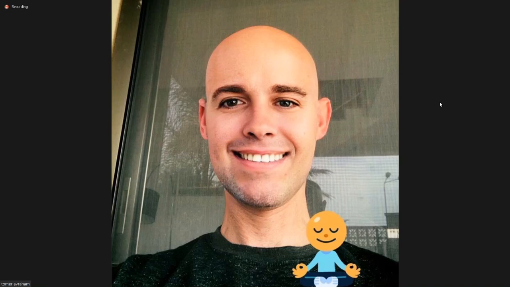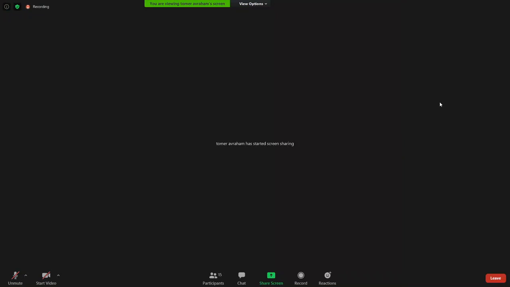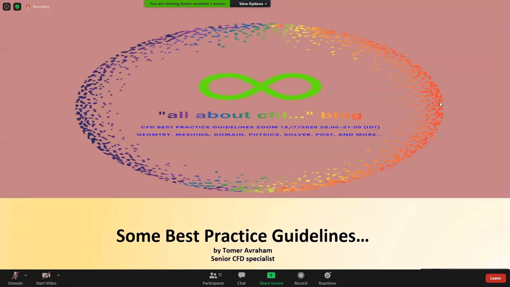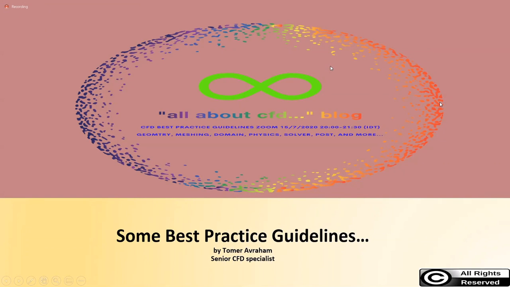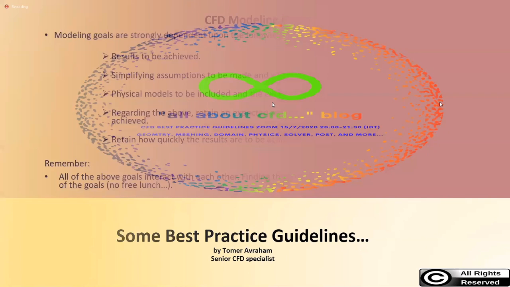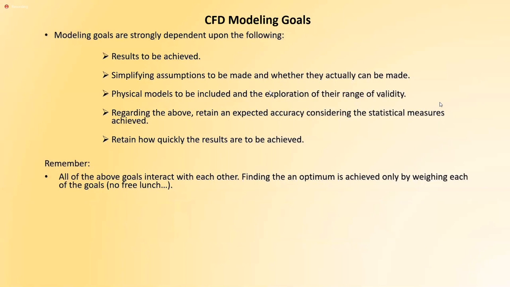Share screen. Okay, screen is back, right? So I'm not muted. Screen is back? Yes, sir. Great.